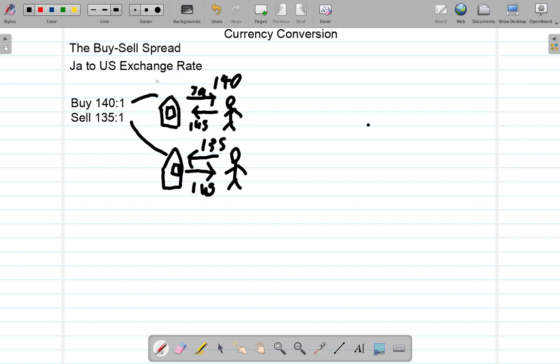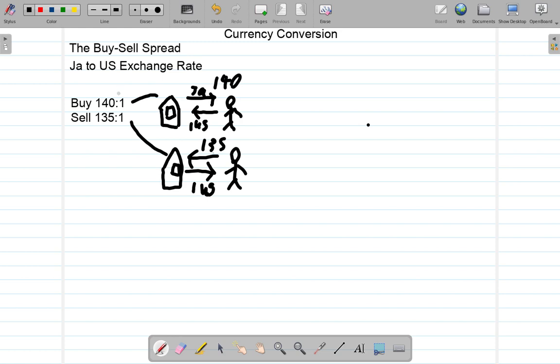The reason why they would be losing is because they are buying US dollar at 140 to 1. In this case, the US dollar compared to the selling rate would be strong.